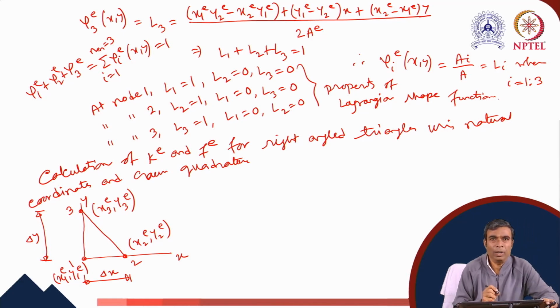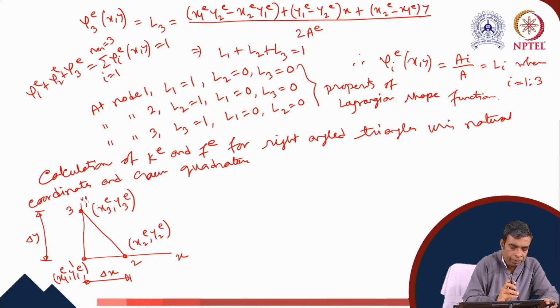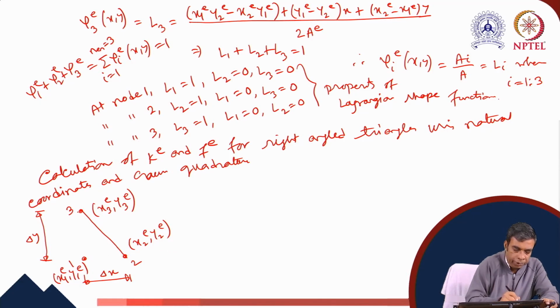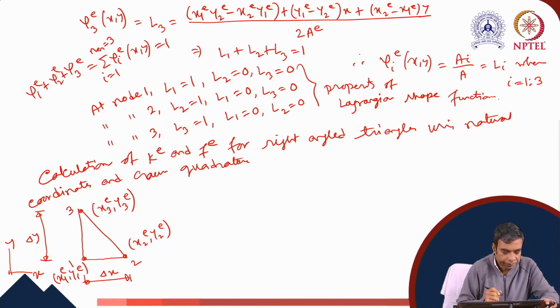So what we can do to simplify or generalize this problem, this x1e and y1e need not be overlapping with the origin of the coordinate system. So we can locate the origin of the coordinate system away from the element. So this is the global coordinate system x and y.